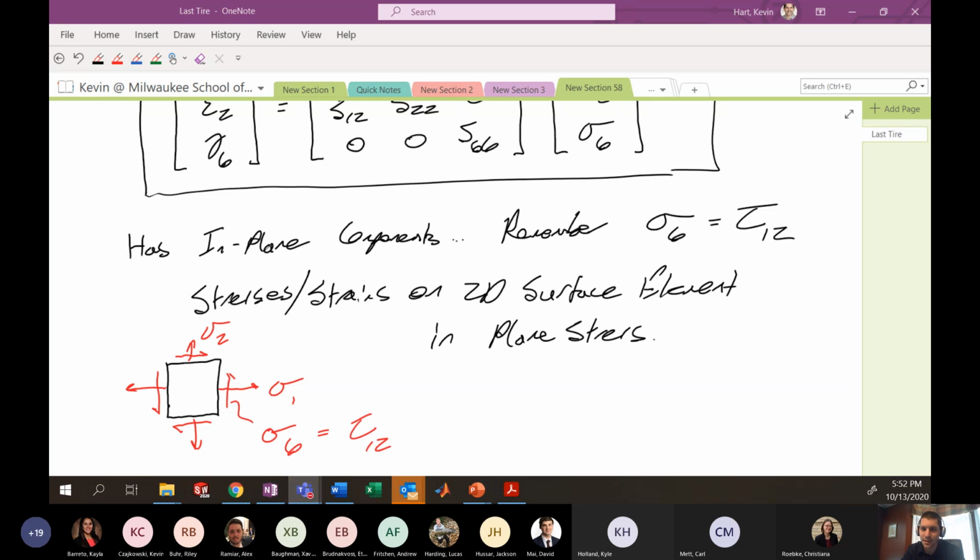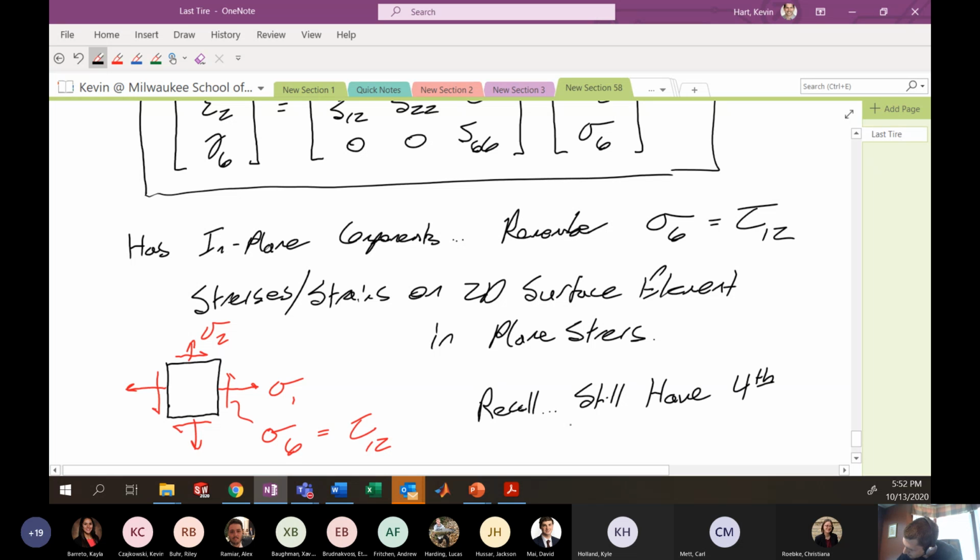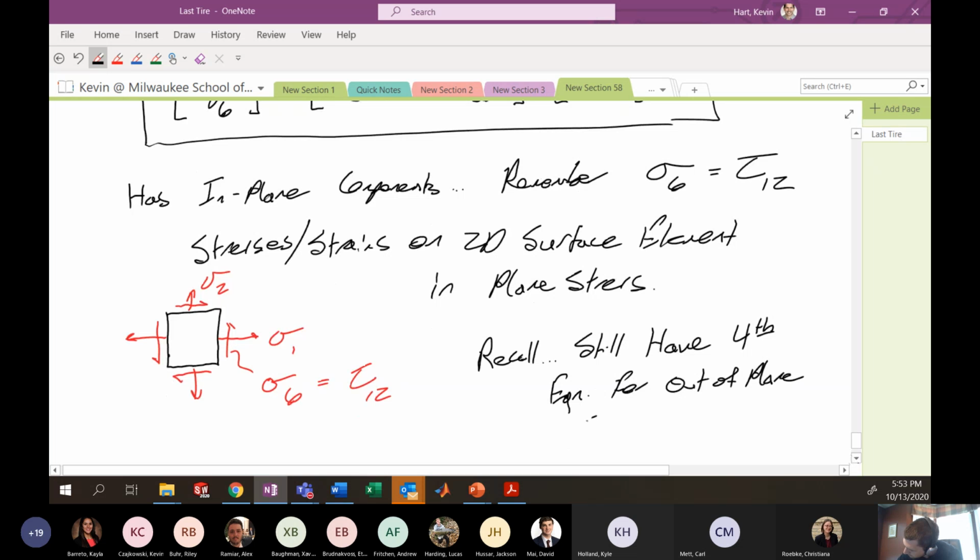We'll leave it here. A question was raised: do not include the strain in the 3 direction because it's out of plane? Yes, that equation still exists. Good point. Recall we still have that fourth equation for out of plane strain, which is this epsilon 3 value.